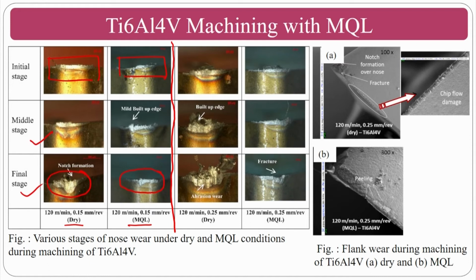That is why this process is much safer, and you can even see it here in the second stage, with respect to dry and with respect to minimum quantity lubrication.